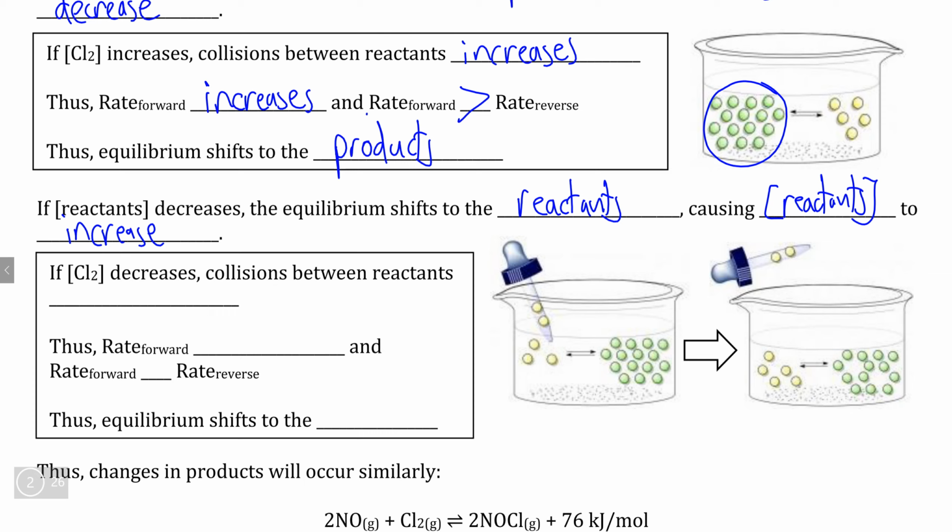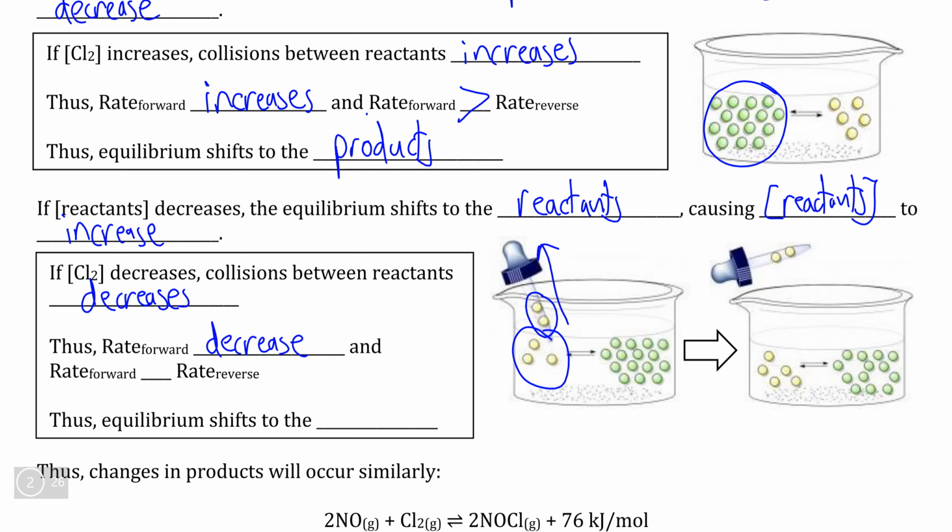If we take the concentration of chlorine gas and decrease it by actually removing chlorine gas molecules from the reaction, now we have fewer reactant particles, which means the number of collisions is also going to decrease, meaning that the forward rate is going to slow down.